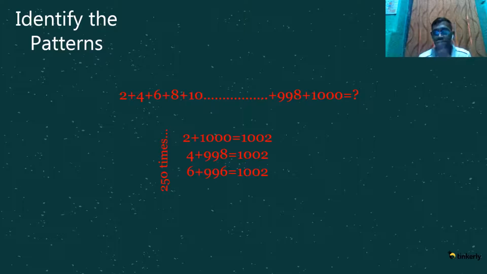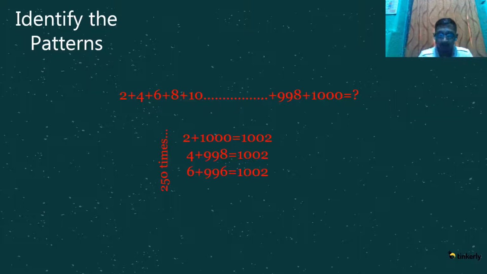Just add this series. I want to see how much time you will take to solve this problem. I think 10, 15, 20 minutes or more than 20 minutes. But if you know pattern recognition, you will solve it in 2 to 5 minutes, or 2 to 3 minutes. So let's learn.